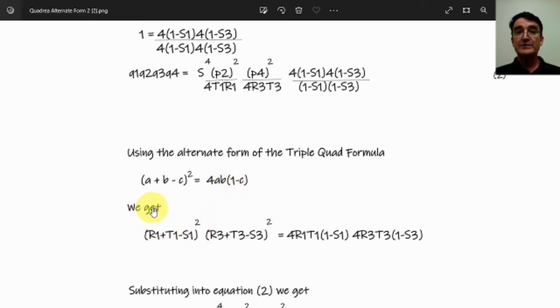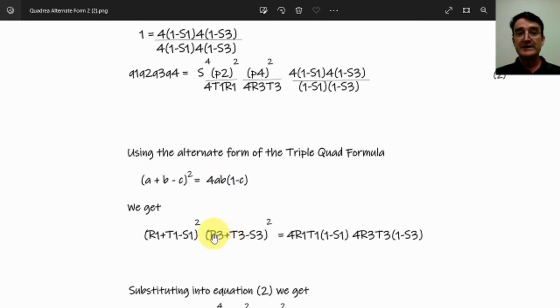When we apply that, where a is R1, b is T1, and c is S1, or a is R3, b is T3, and c is S3, we get R1 plus T1 minus S1 all squared, like on the left-hand side here, is equal to 4 times R1 times T1 times 1 minus S1.